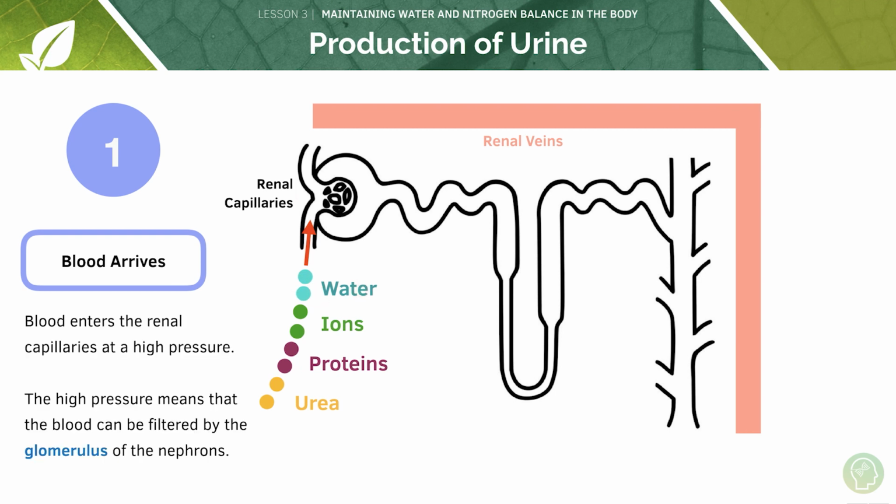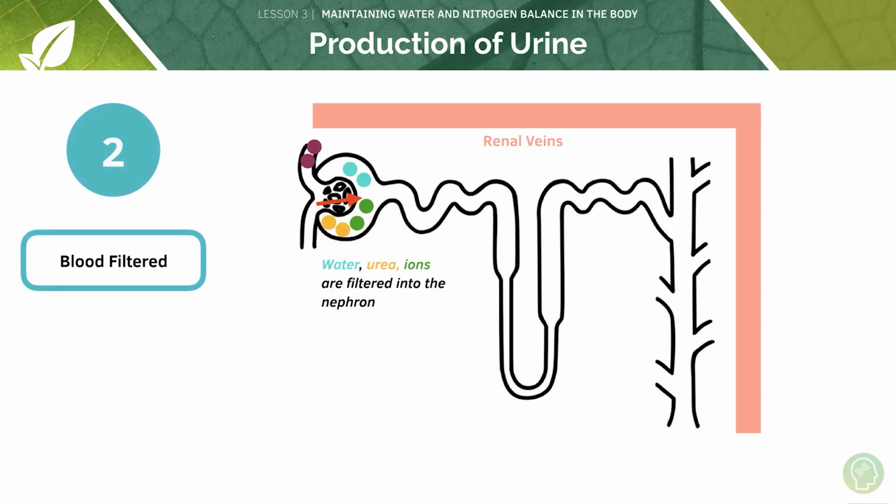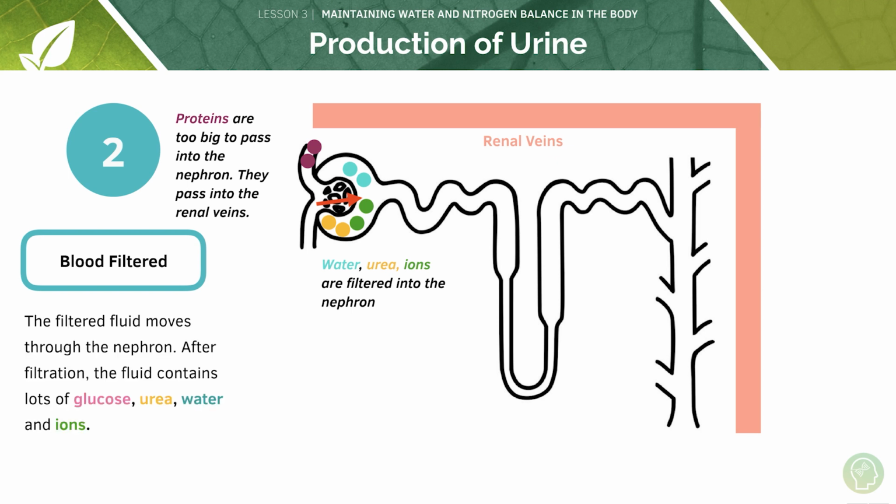And blood enters the renal capillaries at a high pressure because it's travelling through this really small capillary, so it's going to be at high pressure. And this high pressure means that the blood can be filtered by the glomerulus of the nephron. So this is our glomerulus here. So we have our blood coming in through our renal capillaries. It's high pressure, so it's going to move into the nephron. And remember, in your blood you have your urea, your proteins, your ions, and your water.